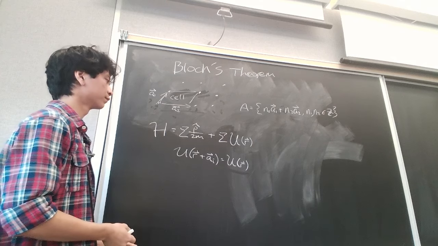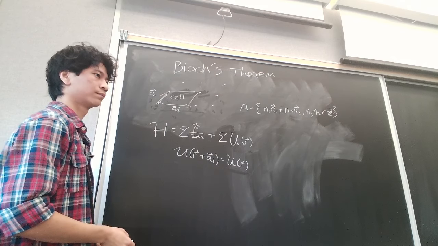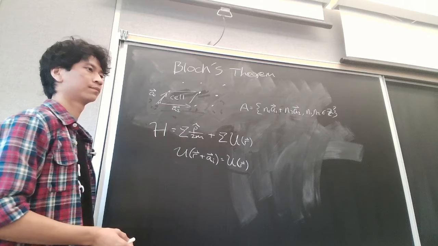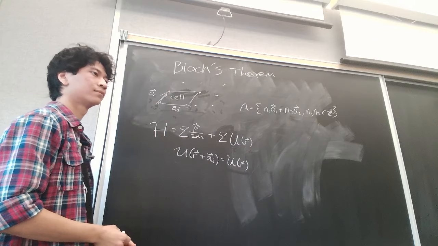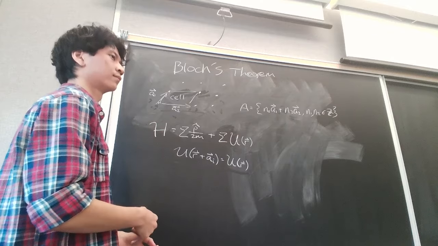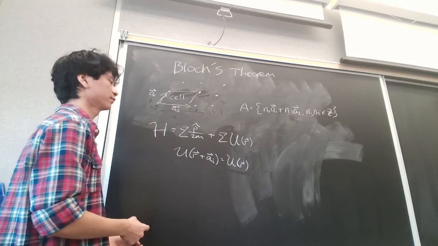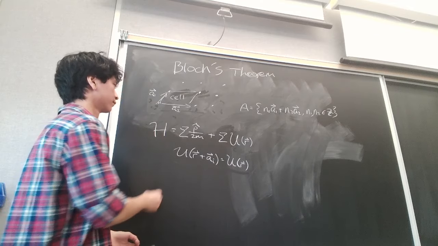So this idea that my potential should be invariant under any shift somehow implicitly involves assuming periodic boundary conditions, so that I'm looking for solutions to the Schrodinger equation that are periodic once I reach the boundary of my crystal.